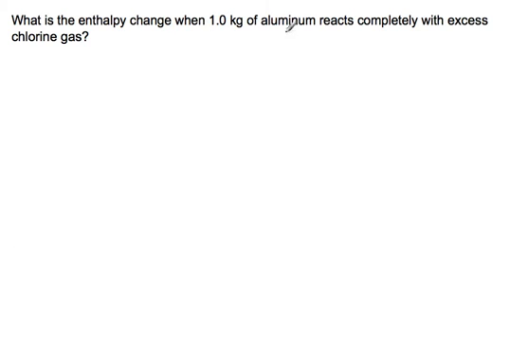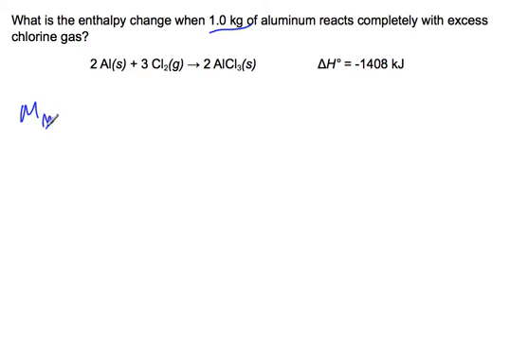What's the enthalpy change when 1 kilogram of aluminum reacts completely with excess chlorine gas? Now, we have the same equation, but in this case, we're given a mass. Just like last year, the first thing we have to do is convert our mass to a number of moles. For that, you need the molar mass of aluminum, which is 26.98 grams per mole.